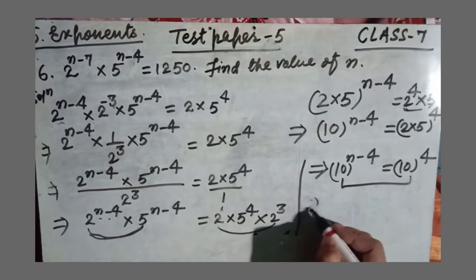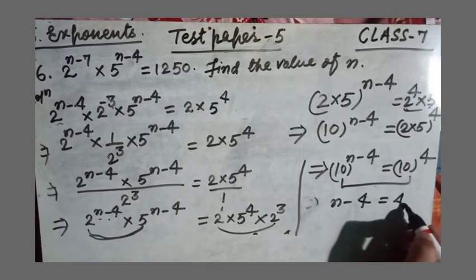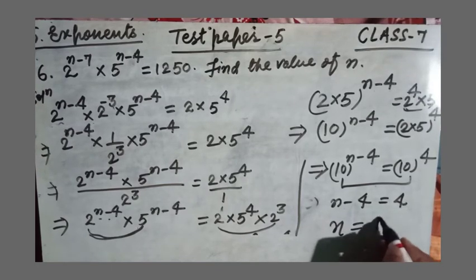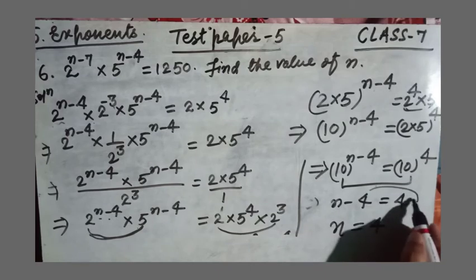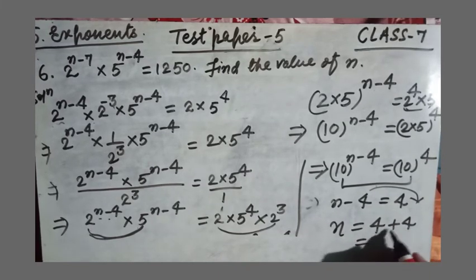Now we have to equate their exponents. So n is equal to 4 as it is; now bring it to the right hand side with the positive sign: 4 plus 4 is 8. n is equal to 8. This is your final answer.